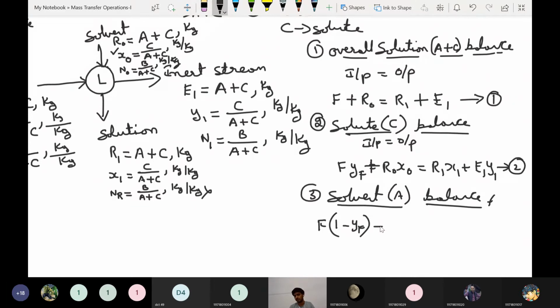For this type of convenience, the notation scheme is defined like that. So the input in the raffinate or solvent stream is R naught into 1 minus X naught, which is equal to R1 into 1 minus X1 plus E1 into 1 minus Y. So this is equation 3.